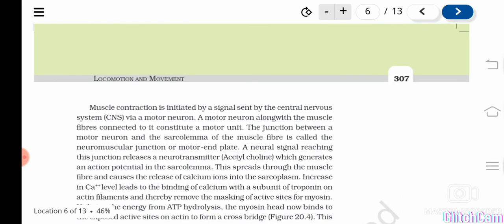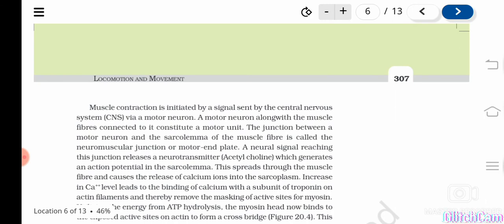For this, some signals are needed, and this is sent by the central nervous system. When this message reaches the muscle fiber, there is a junction between the motor neuron and the sarcolemma, and that is known as the neuromuscular junction or motor end plate. The brain will decide that you have to contract that particular muscle, then a signal will be sent from the central nervous system to that muscle.